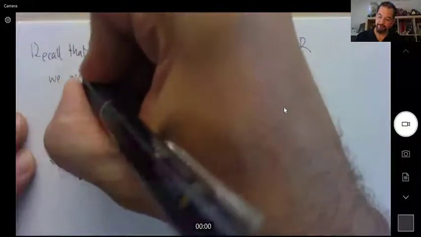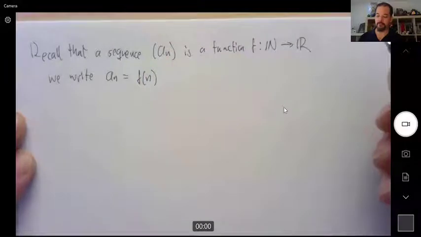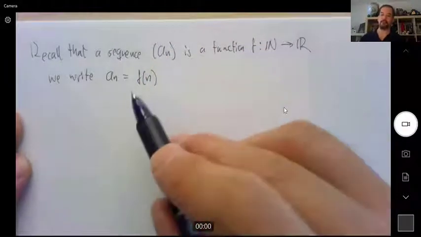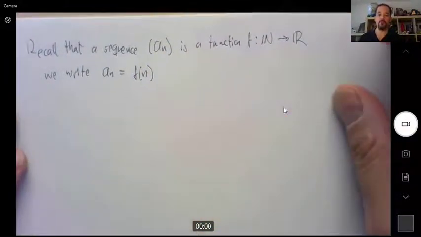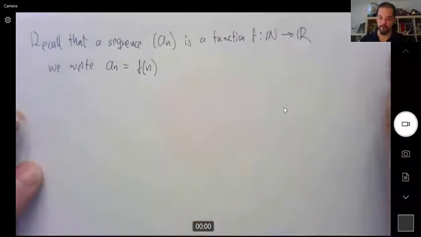And we write a_n as the image of the nth element, right? So instead of saying f of 1, f of 2, f of 3, f of 4, we avoid talking about the f and we simply list the elements.